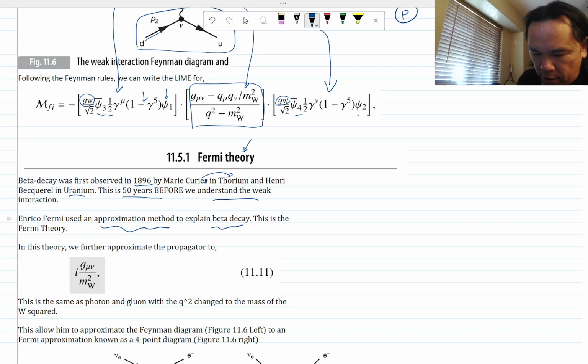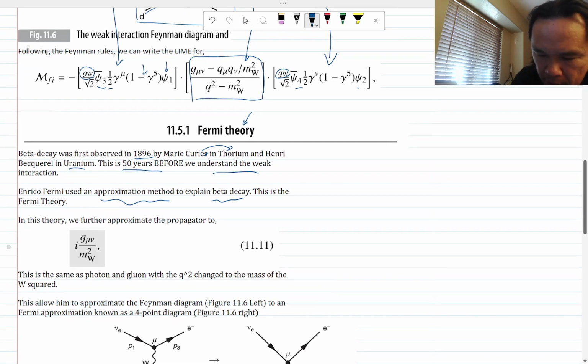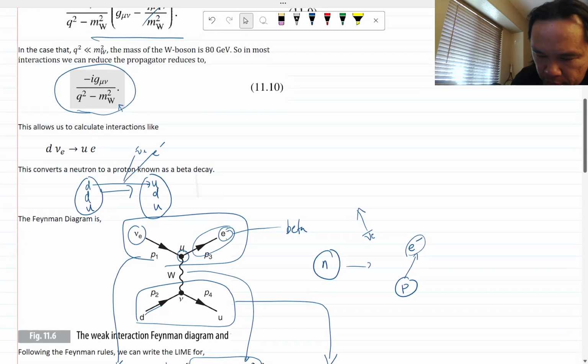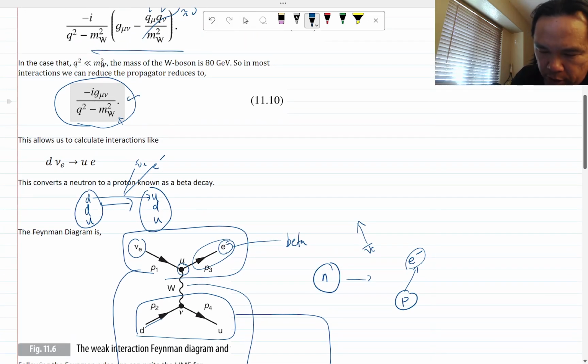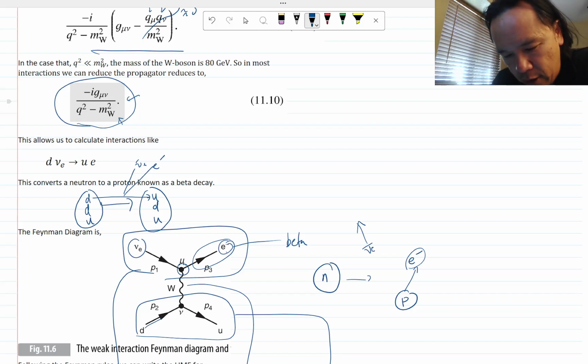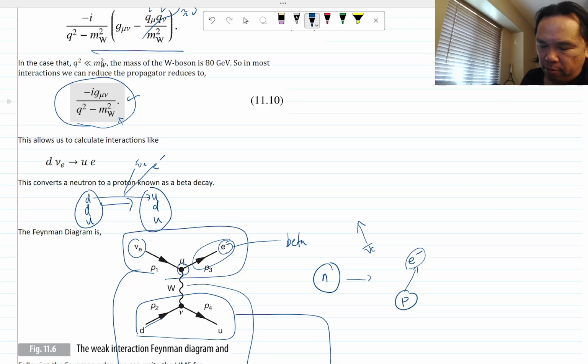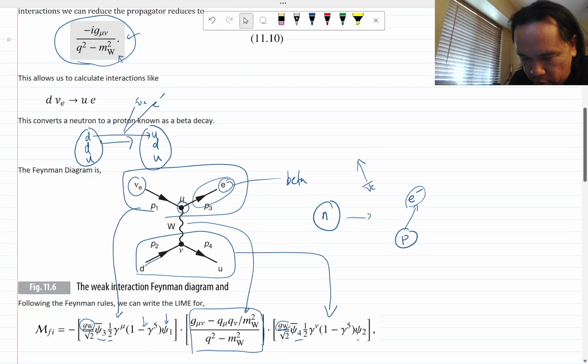Okay, so how does he do this? Let's go back up here. We have this propagator here, that's g mu nu, and then divided by q squared minus the mass of the W squared.